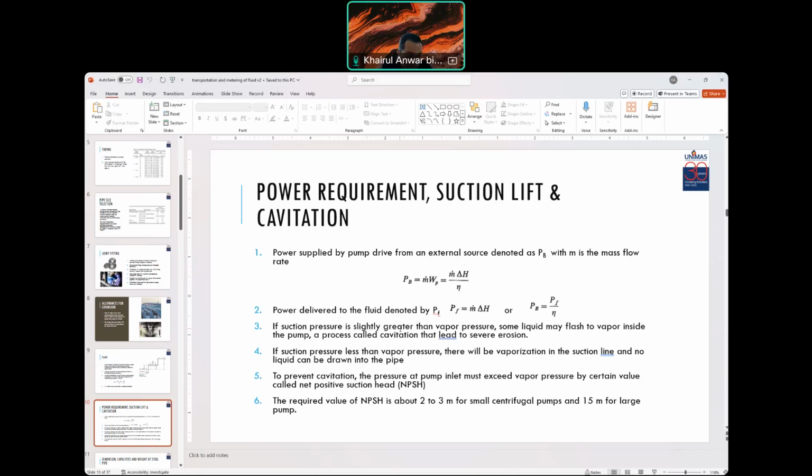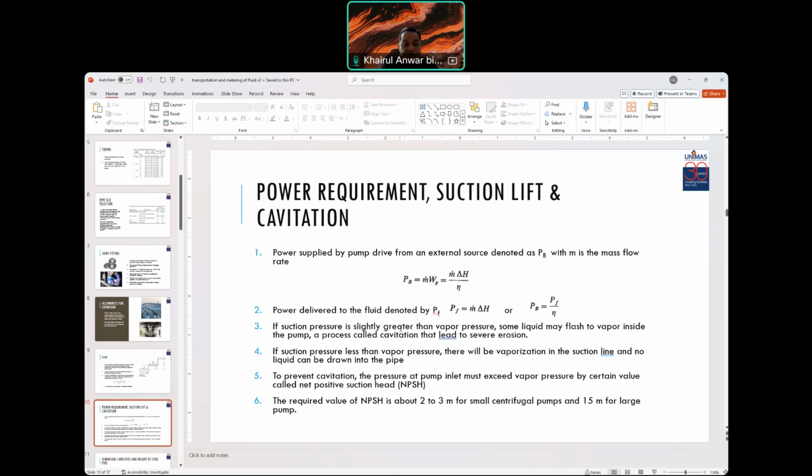There are values A, B, C. You can refer to the energy balance book, elementary principles of chemical engineering. In that book, yes, we have this calculation for the vapor pressure.